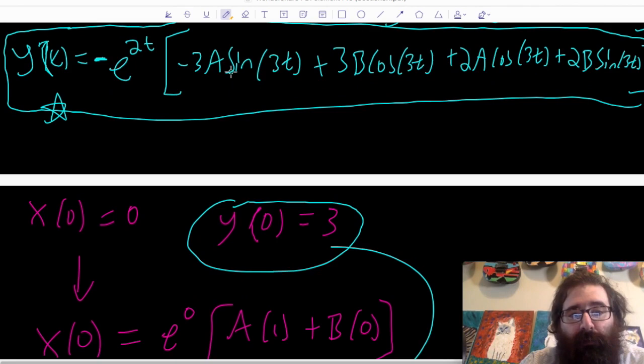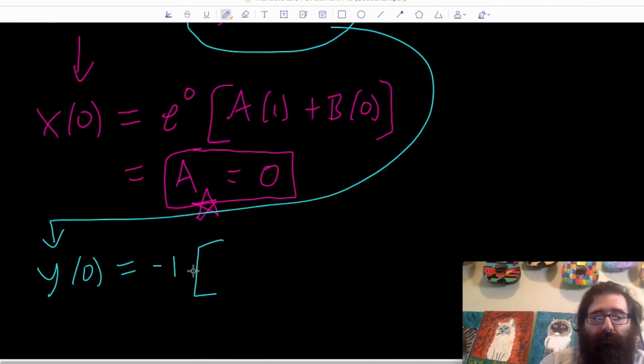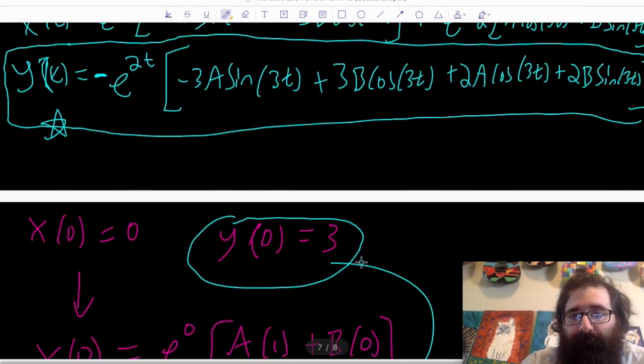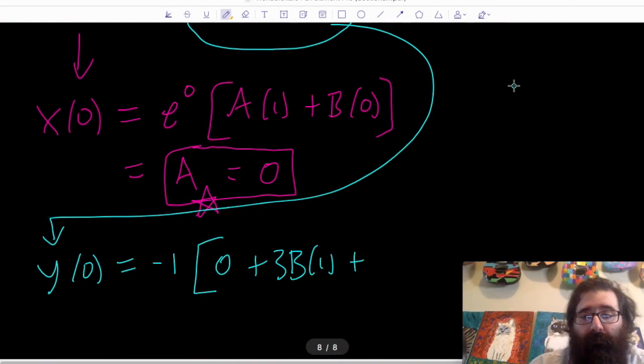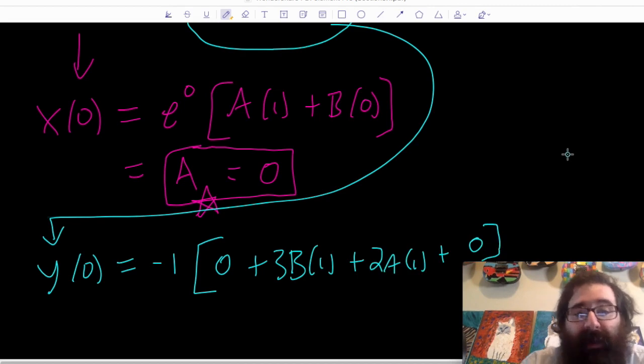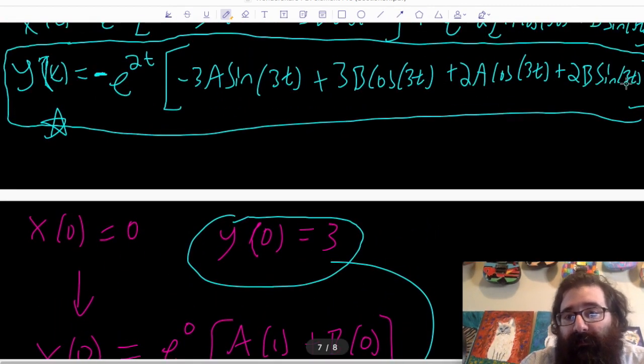So here I get 0. Cosine at 0 is 1. So I get 0 plus 3b times 1, plus 2a times 1. That last term is going to be a 0 because it had a sine in it, right? So this is sine at 0 is 0, 2b times 0 is 0.